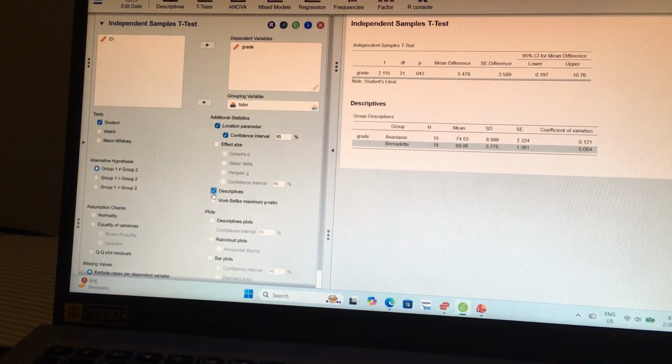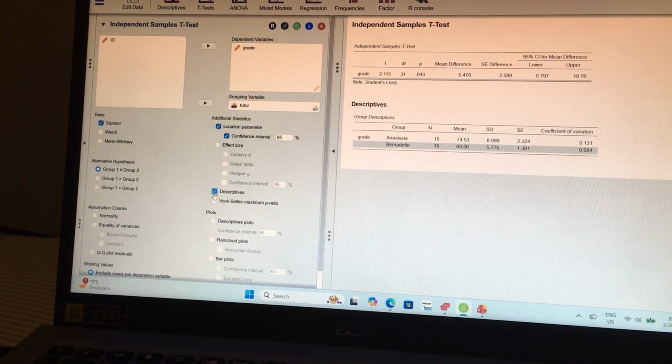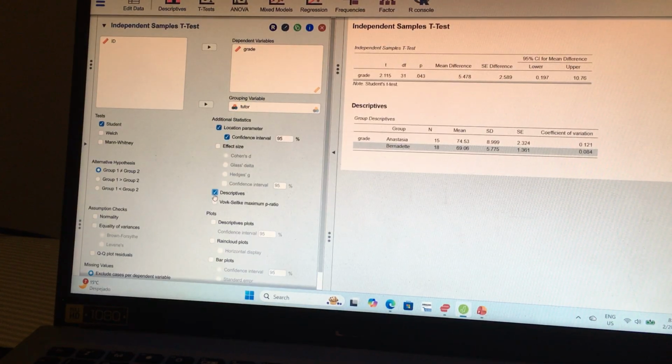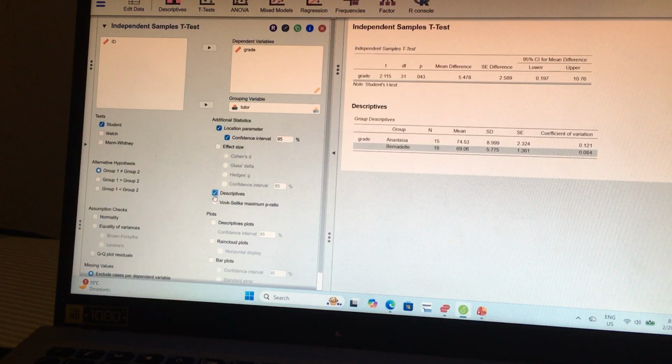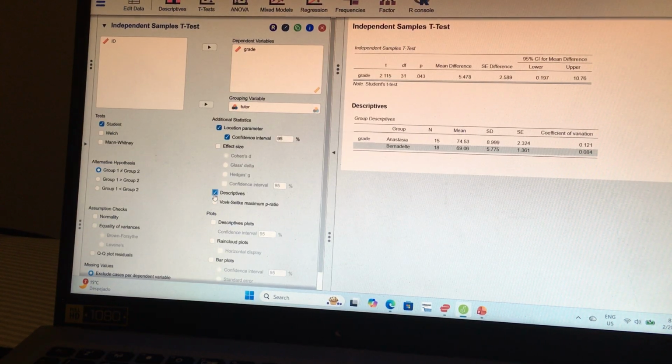So let's make sure that for this example, we have it set up as a two-tailed test, and we don't need to make any changes beyond that under the alternative hypothesis heading.